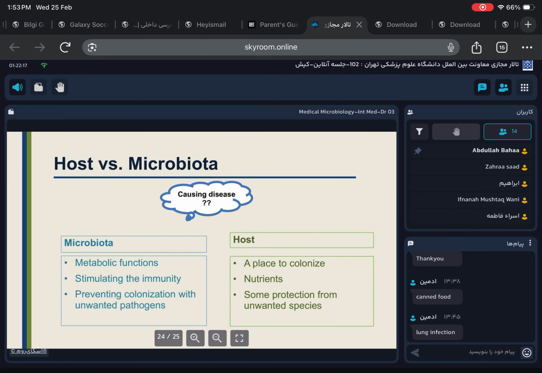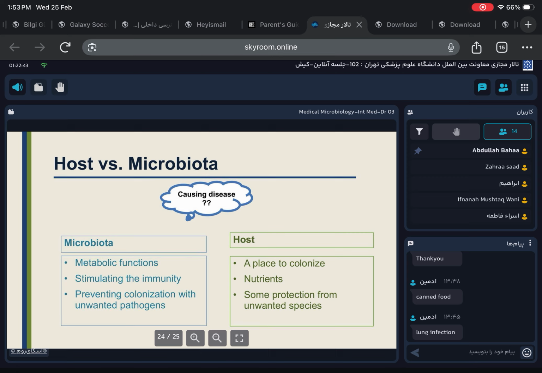So in this slide, you can see what microbiota do for the human body, and also what the host does in return for the favor of the microbiota. As I told you, microbiota do some metabolic functions.